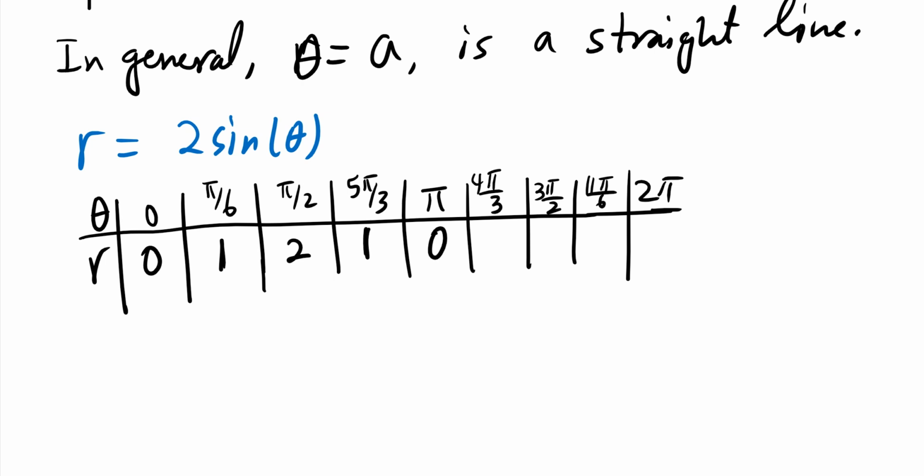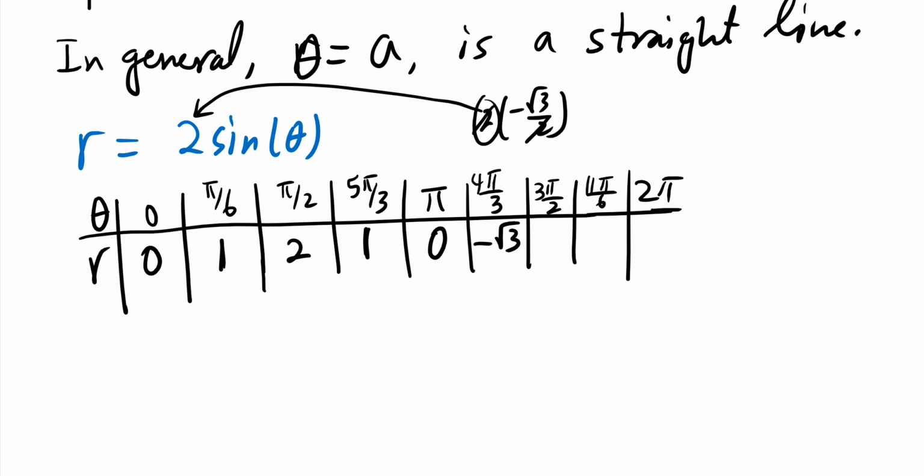Sine 4 pi over 3 is negative square root of 3 over 2, so times 2 gives negative square root of 3. This 2 is coming from here. Sine 3 pi over 2 is negative 1, times 2 is negative 2. Sine 11 pi over 6 is negative 1/2, times 2 is negative 1, and at 2 pi it is 0.